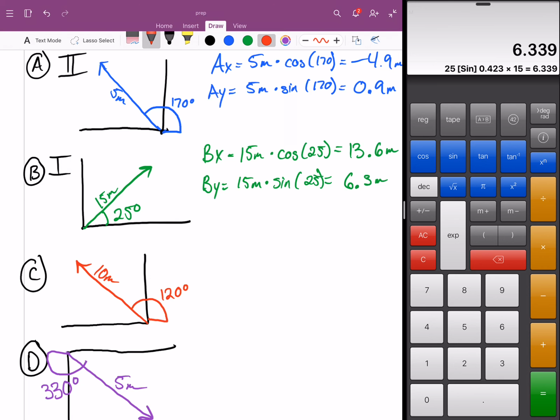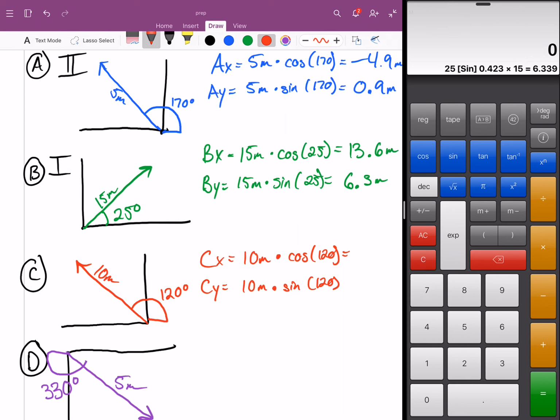Now let's go for C. CX, CY. 10 meters. Cosine 120, sine 120.